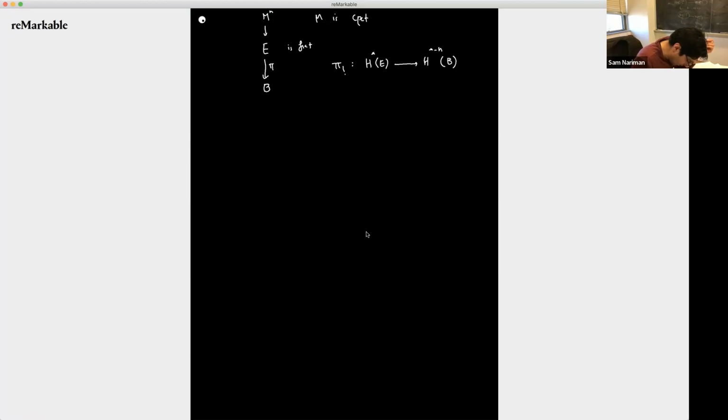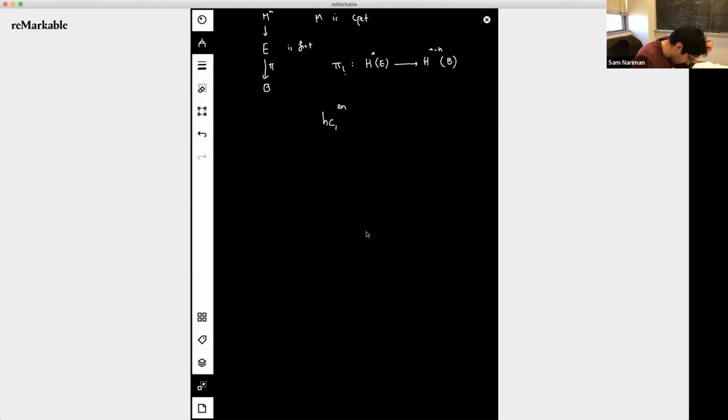So if E is flat, then we have invariants like the Godbillon-Vey class. So for example, you are probably familiar with the notation h c1 to the n, if the codimension is n.